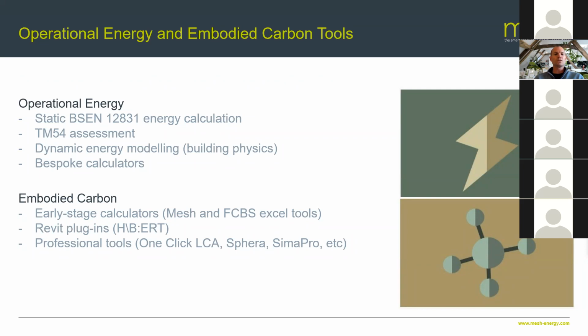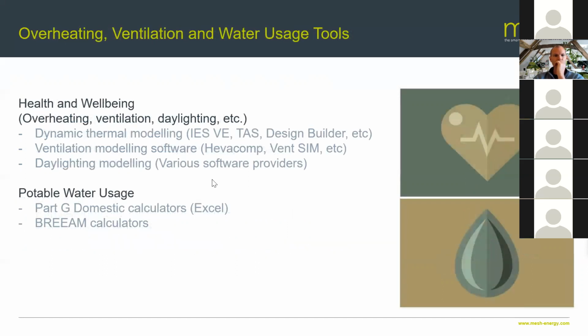And there are also ones like One Click LCA, Sphera and SimaPro, which are professional tools, thousands of pounds a year for a license that will give you the highest level of detail. And as I'll show you, you can move from some of these free tools to more complex tools, which cost more money and cost more for professional advice to use. But these are some of the things that are available to you to combat some of these areas.